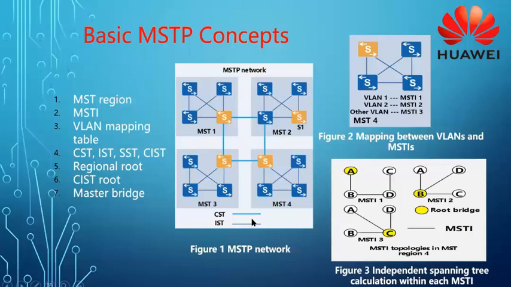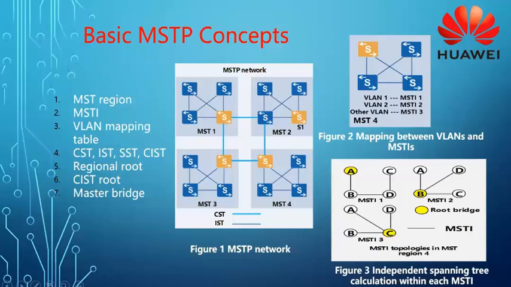The configuration of MSTP is easy. We have some commands to aggregate. First, we should create a region configuration with the command stp region-configuration. For configuring a region configuration, we need to give it a name with the command region-name, and we put the name of my region, for example RG1.